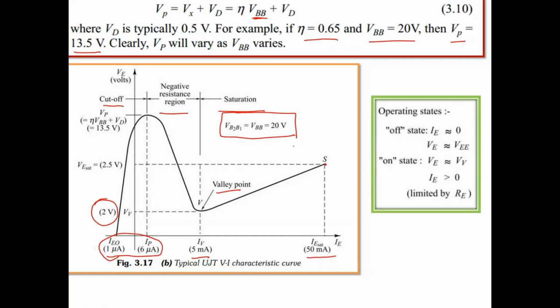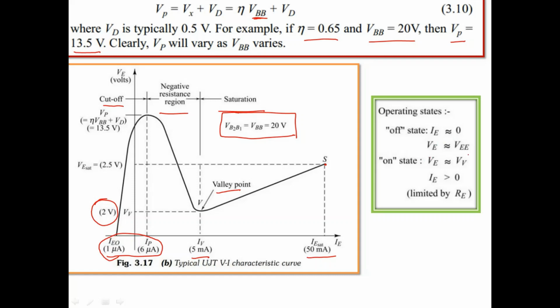You can also say the UJT is in off state or on state based on IE. In the cutoff region, IE is less than 6 microampere, so we can treat it as zero. All the applied voltage, VE, will be seen across it.